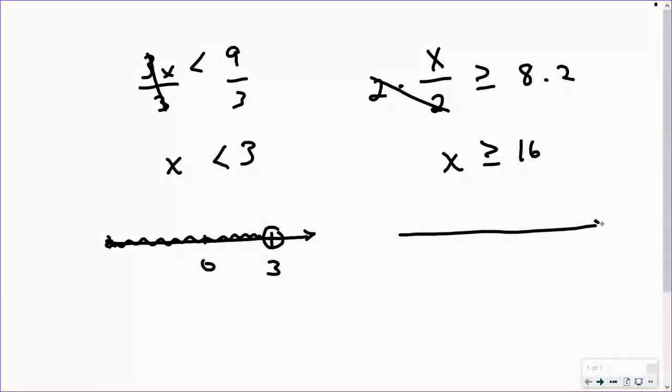So same thing as before. My 0 mark, 16. This has part of an equal sign, greater than or equal to, so that means I'm going to close it in. And I want all numbers bigger than or equal to 16, which are these over this way. Now, nice straightforward problems, nothing special about these. These are problems that you guys will knock off really, really fast.